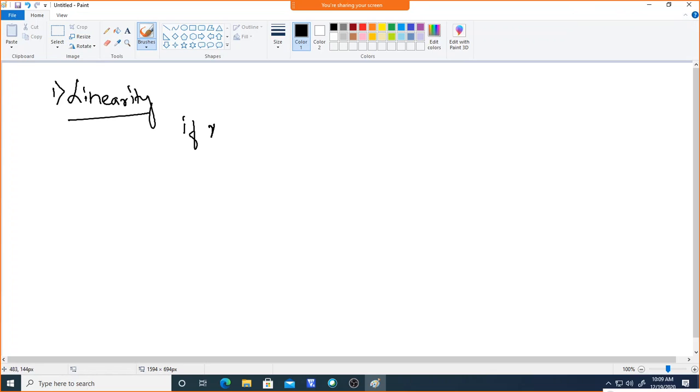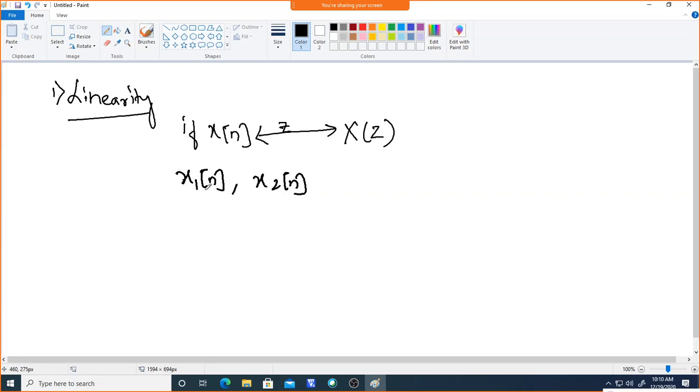Now if you have a signal x of n, which has the corresponding Z transform x of z, and if you have two signals, x1 of n and x2 of n, the corresponding Z transforms will be x1 of z and x2 of z.